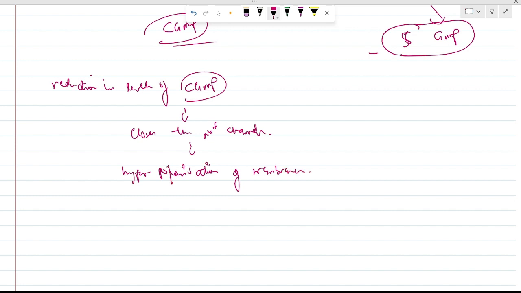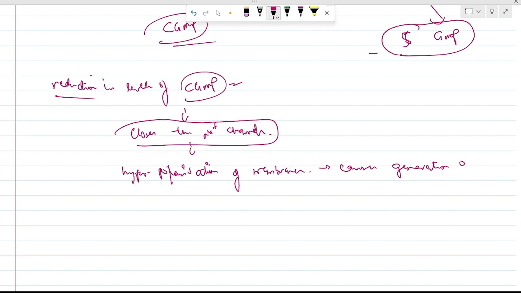Hyperpolarization of the membranes is caused by closure of the sodium channels. Why? There is a reduction in the level of cyclic GMP. This hyperpolarization of the cell membrane causes the generation of impulse.